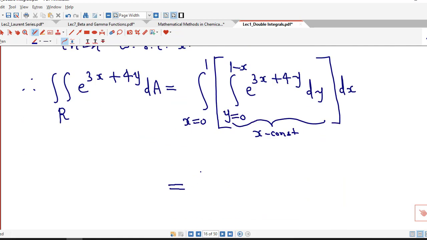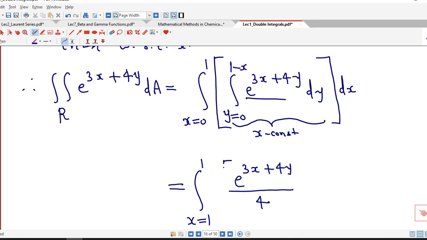So first we find the value of the inner integral. X is from 0 to 1, and here the integral is e raised to 3x plus 4y divided by the coefficient of y, that is 4, and y is from 0 to 1 minus x, and then we will integrate with respect to x.